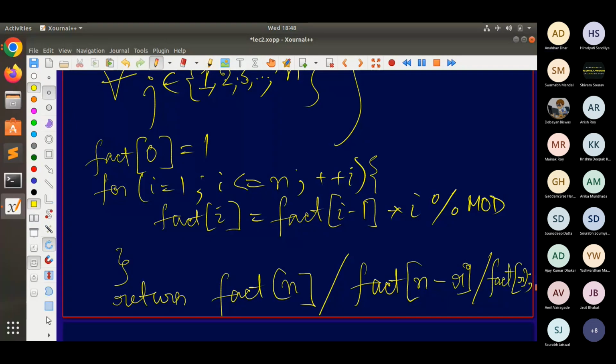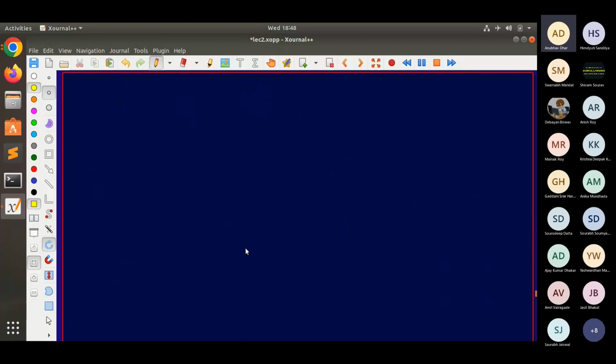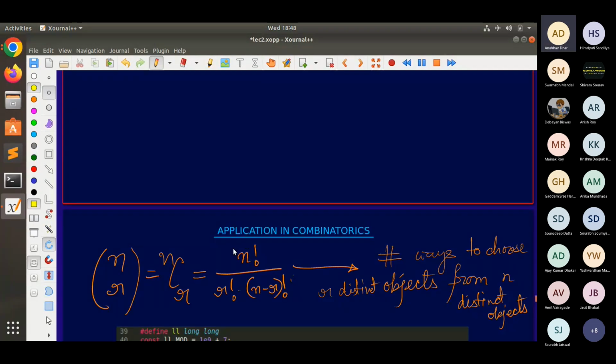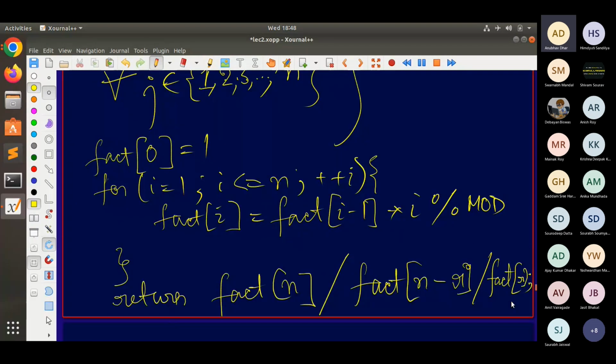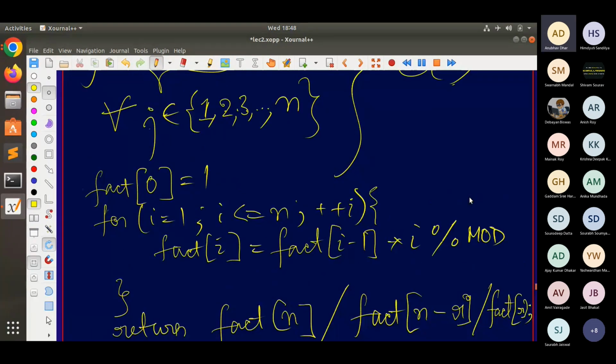There was n factorial by r factorial into n minus r factorial. Can you just divide these factorials like this? Since you're taking mod, you have it well within your range of long ints or even integers.